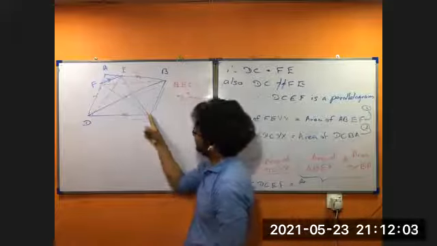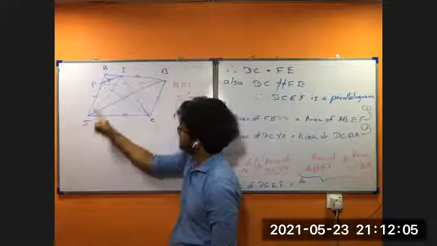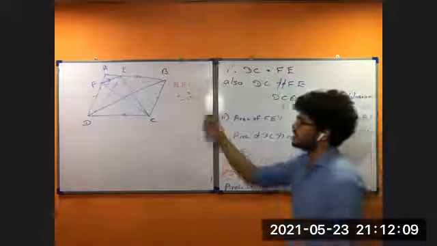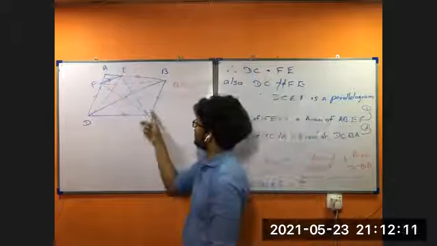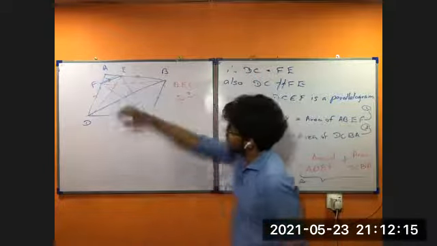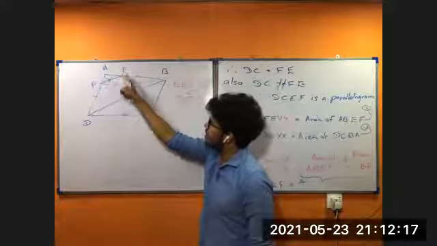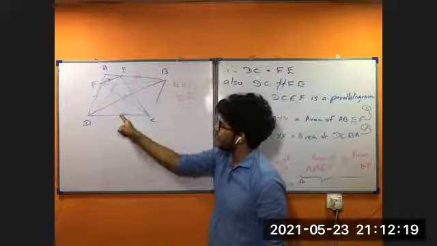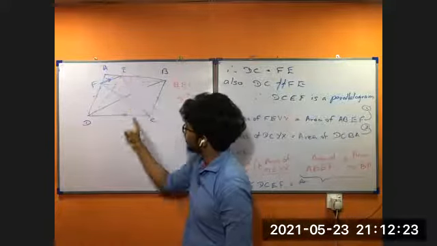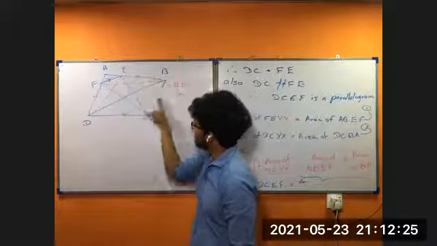The areas of BEC and BED are same. Why? Because they have the same base and lie between the same pair of parallel lines, right? This triangle is between these two parallel lines with the same base, and this one also.